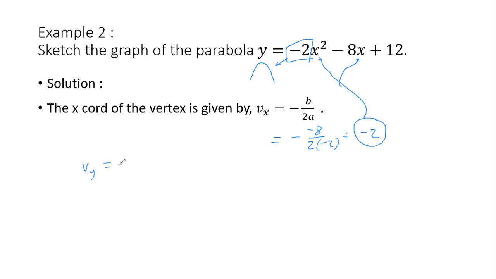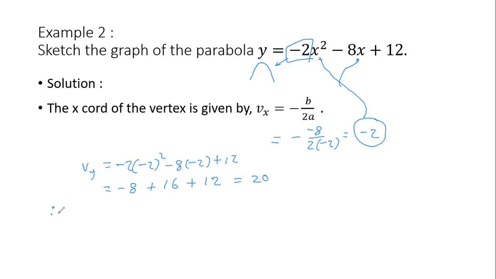We get negative 2 times negative 2 square minus 8 times negative 2 plus 12. 4 times 2, negative 8, positive 16 plus 12. Negative 8 plus positive 16 is positive 8, and 12 is equal to 20.